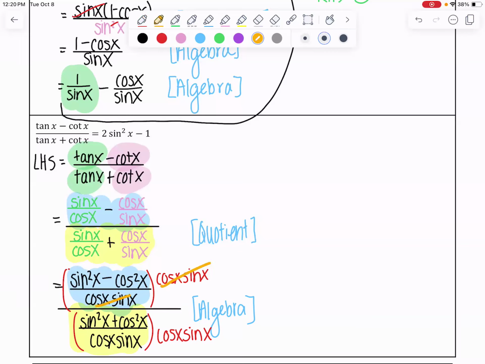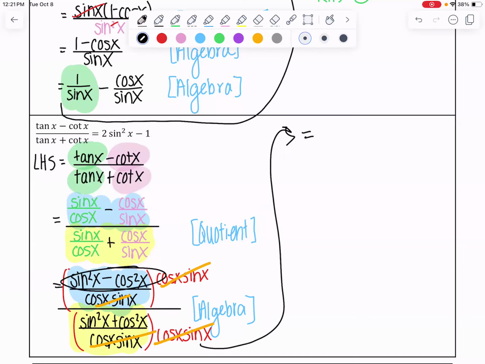And then this denominator and that denominator get canceled. On the top, we're left with sine squared minus cosine squared. On the bottom, we're left with sine squared plus cosine squared. And all we have done here is algebra.